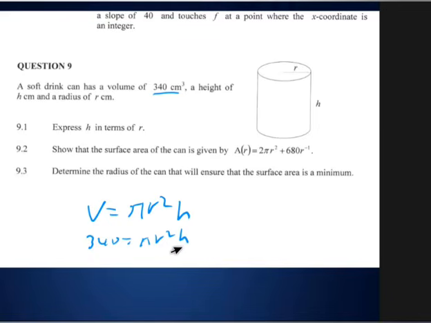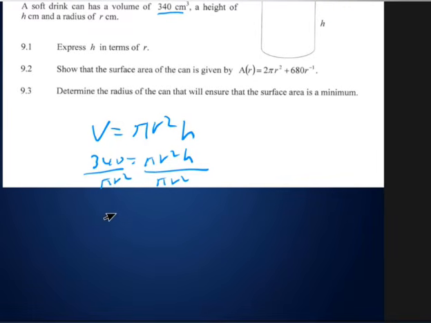In order to remove these two, because they're multiplying, we have to divide both sides by pi r squared. So when we do that, we're going to have h is equal to 340 over pi r squared. So this is what we have. This is our h.